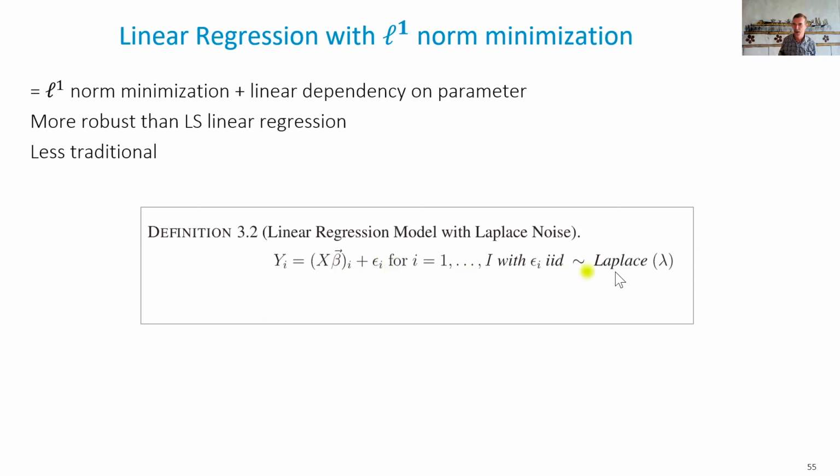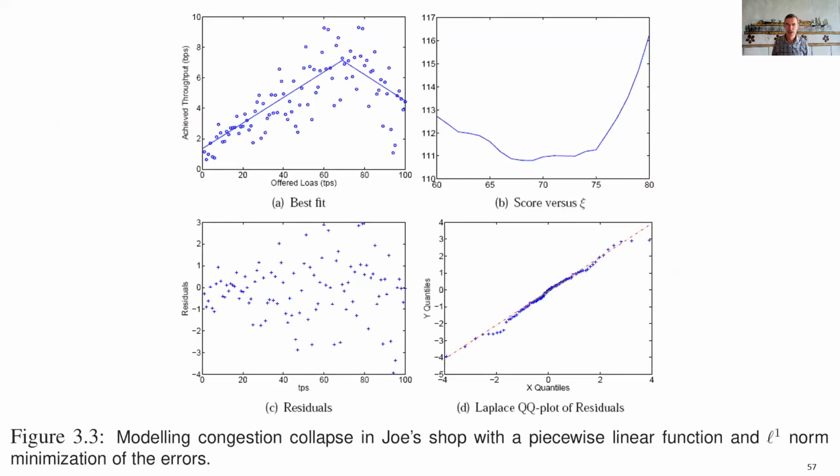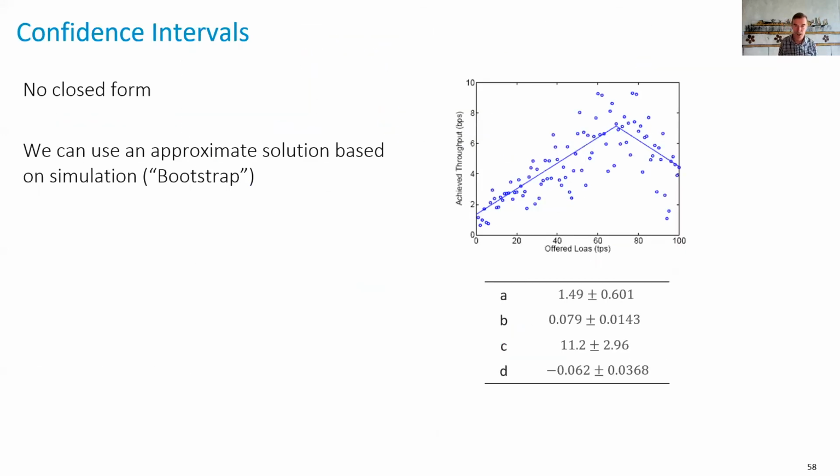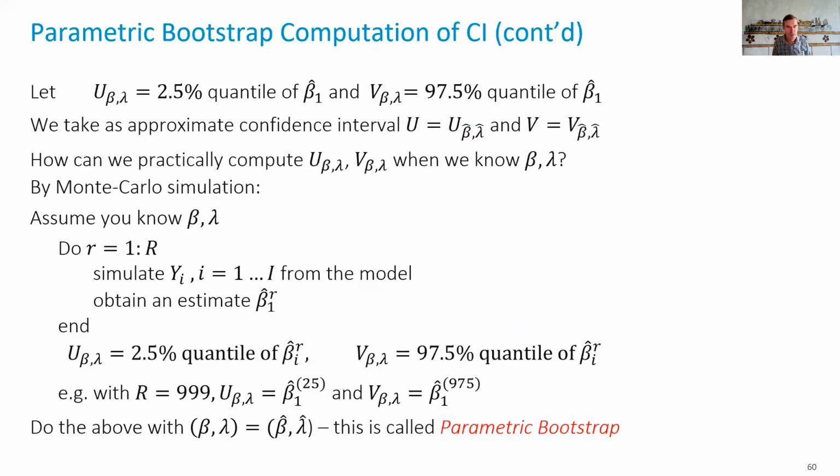Epsilon is what I simulate from the Laplace distribution. So I can generate capital I data points, and I can do that 1 million times. Each of these 1 million times is called a replay experiment. So I replay the experiment capital R times, and I look at the quantiles of the 1 million estimates of beta hat here.